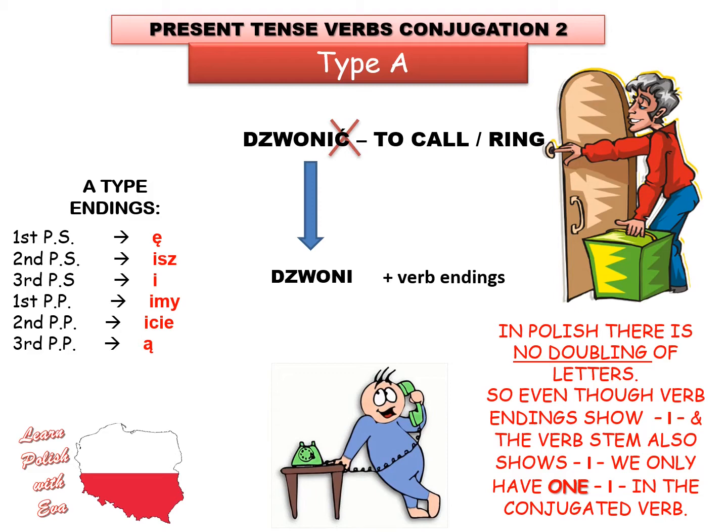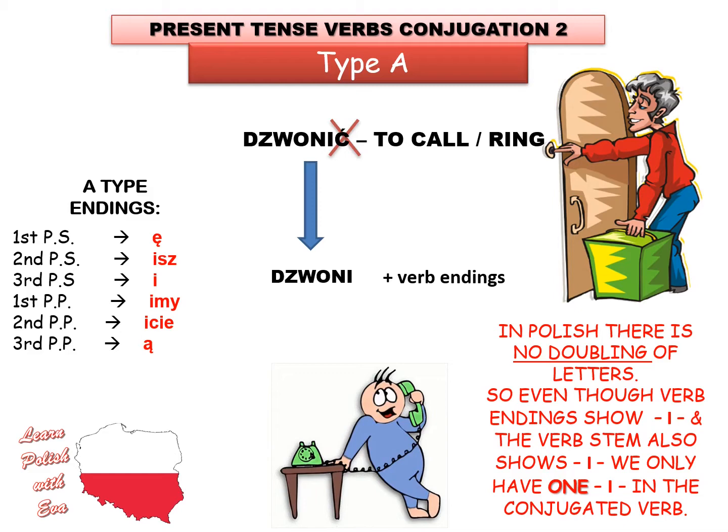Vowels, there's no doubling of vowels. We just don't do that. So just remember that. And that will be applicable basically for any verb that we're going to be conjugating. If the vowel is the same, we're just going to keep 1 i.